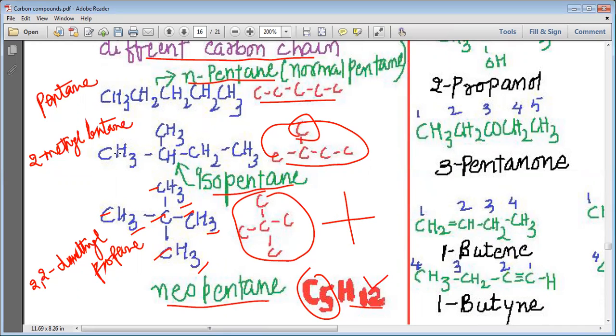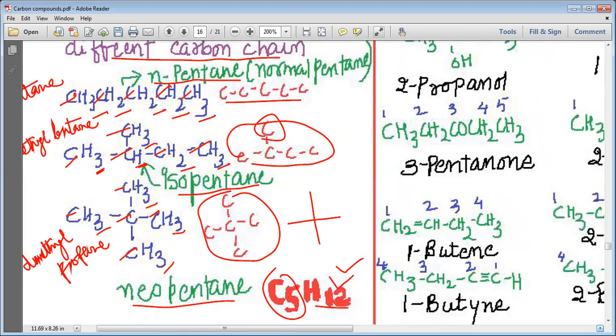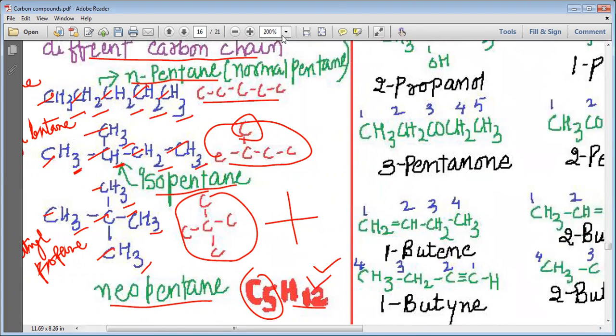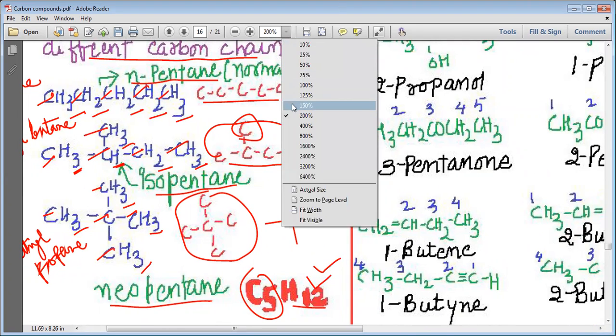Same way here, 5 carbon, 3 plus 2, 5 plus 1, 6 plus 3, 9 plus 3, 12 hydrogen. And here too, 5 carbon, 3 plus 2, 5 plus 2, 7 plus 2, 9 plus 3, 12 hydrogen. So this is how we truly understand chain isomerism.